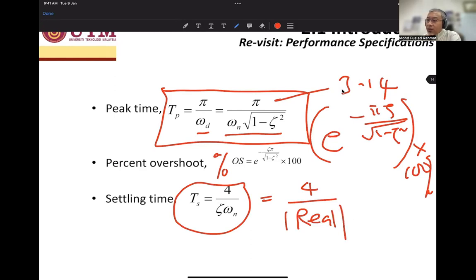The real part usually represents the x-axis of the S-plane, like this.